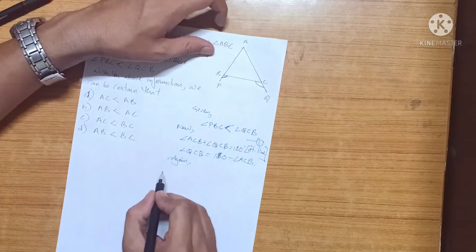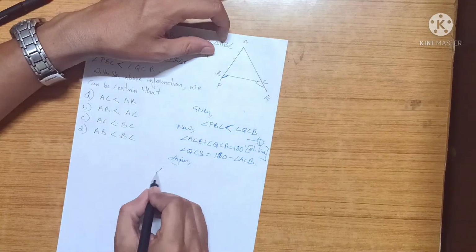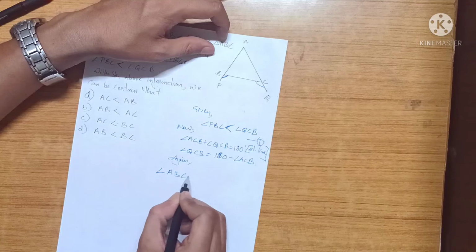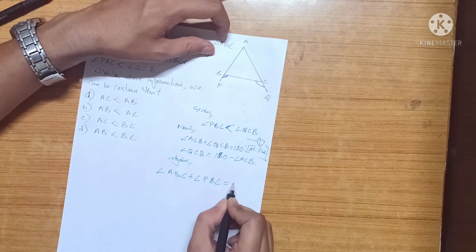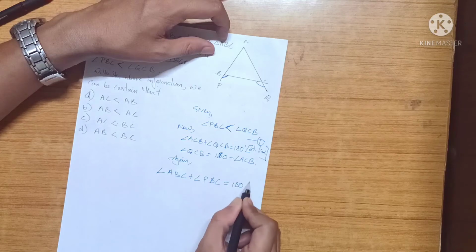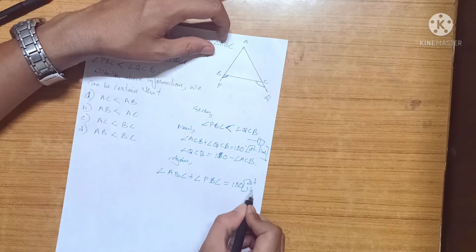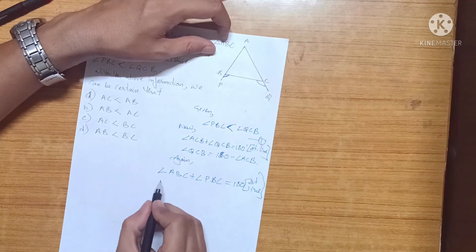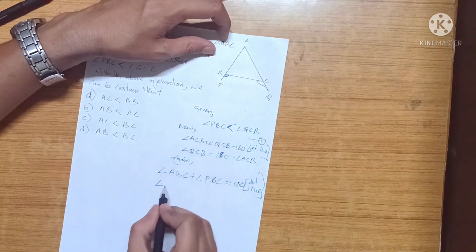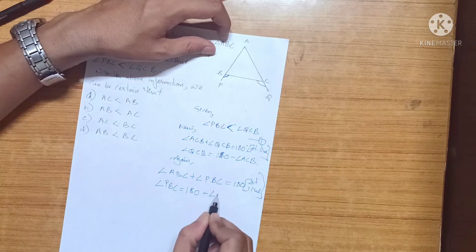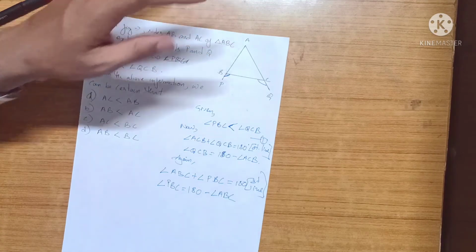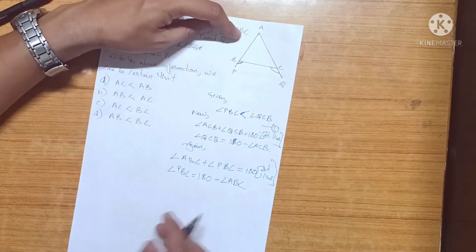Again, same thing, we can do it for this angle also. So angle ABC plus angle PBC equals 180, same reason, straight line. I want angle PBC here because I have to replace it: PBC equals 180 minus angle ABC. This much I hope you understood.